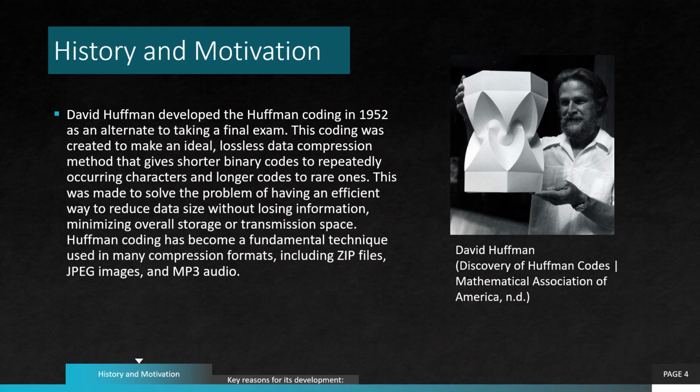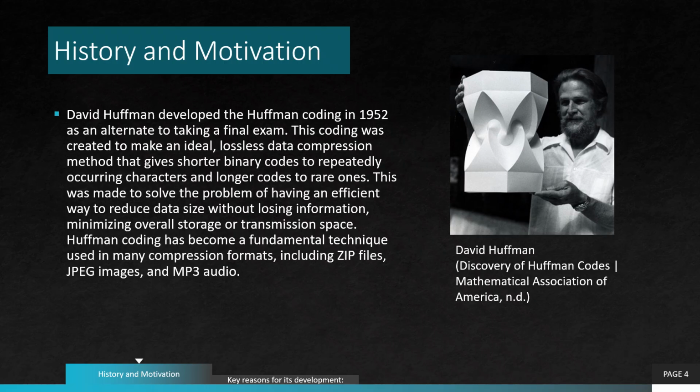So he didn't want to take the test. Instead, he chose to write a paper on a problem that was unsolvable at that time. This coding was created to make an ideal lossless data compression method that gives shorter binary codes to repeatedly occurring characters and longer codes to rare ones.